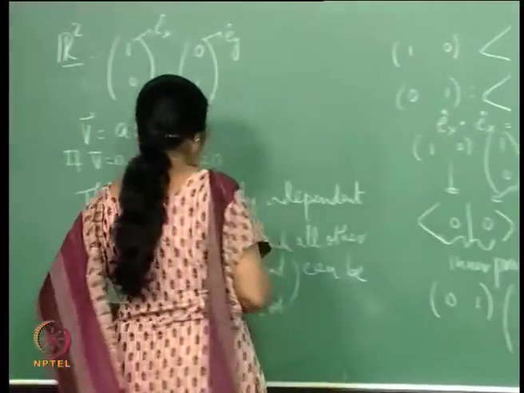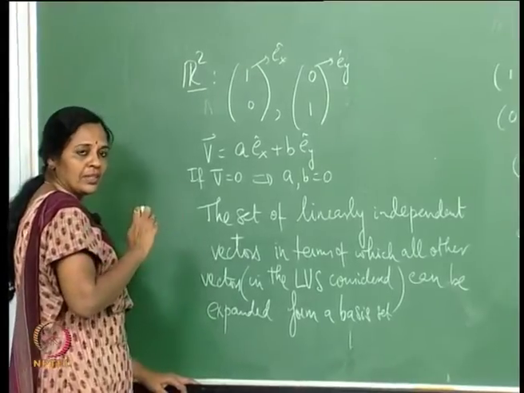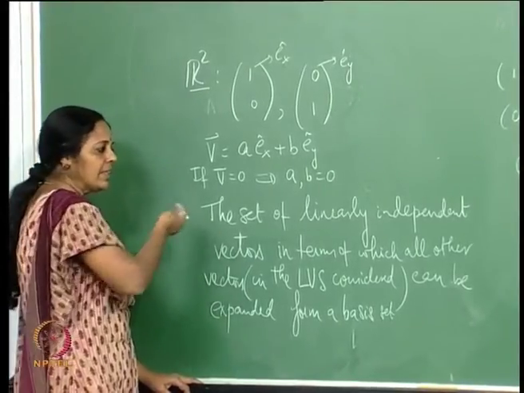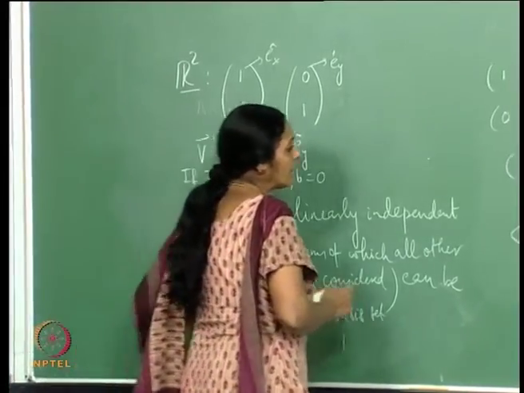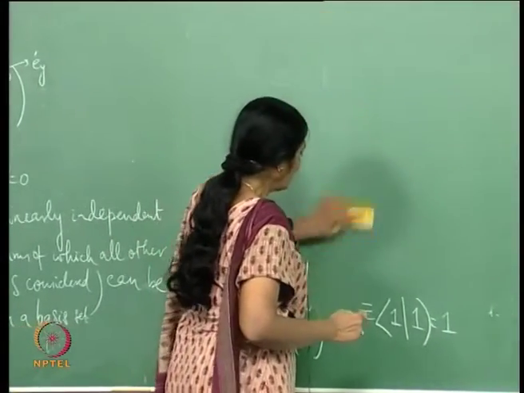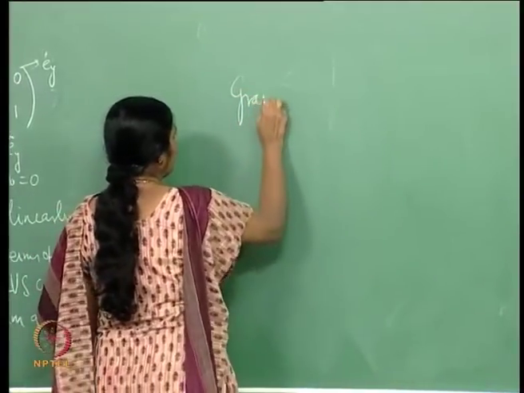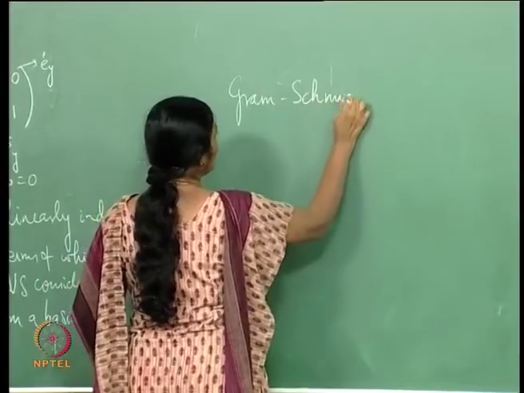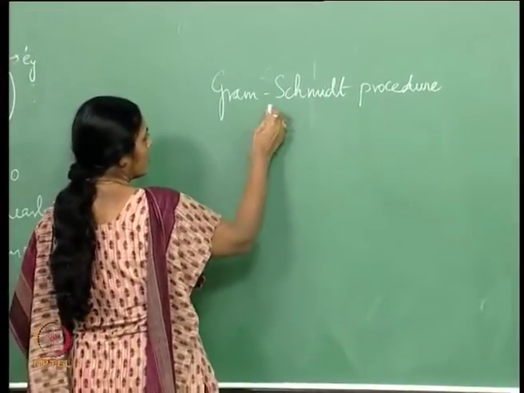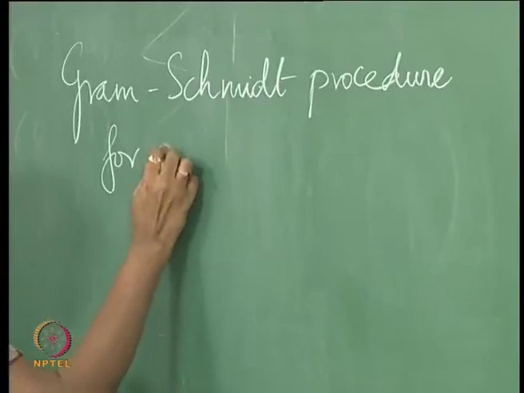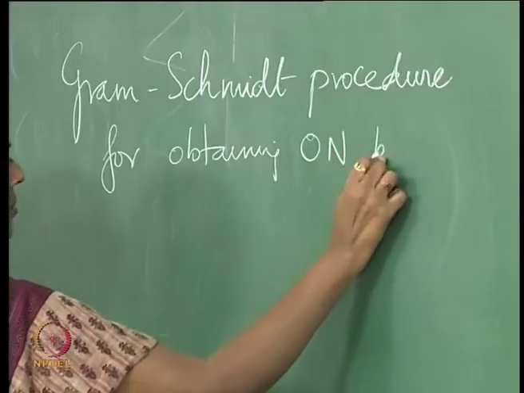Of course, to begin with, these vectors need not be orthonormal, they need not be normalized to unity and they need not be orthogonal to each other, but there is a prescription called the Gram-Schmidt procedure to make orthonormal vectors out of a set of basis vectors, and that can be used to produce a set of orthonormal basis vectors. So, there is a Gram-Schmidt procedure for obtaining orthonormal basis vectors.